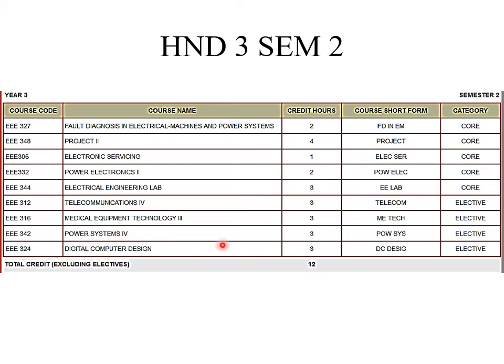And if you belong to computer engineering options, then you have to choose Digital Computer Design. So among the 4 electives, make sure that you are choosing only one elective, okay, and that one with respect to your previous semester, okay, and you should not choose Telecommunications in HND 2 Semester 2 and Medical Equipment Technology in HND 3 Semester 1 and Power Systems 4 in HND 3 Semester 2.